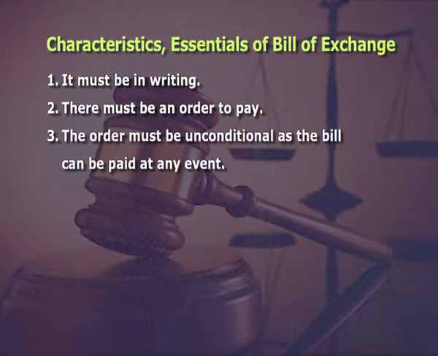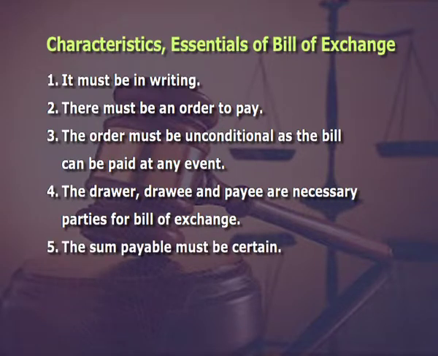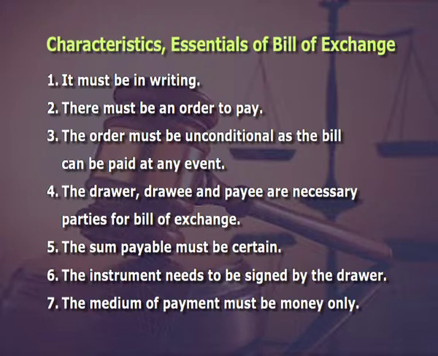Third, the order must be unconditional as the bill can be paid at any event. Fourth, the drawer, drawee and payee are necessary parties for Bill of Exchange. Fifth, the sum payable must be certain. Sixth, the instrument needs to be signed by the drawer. Lastly, the medium of payment must be money only.